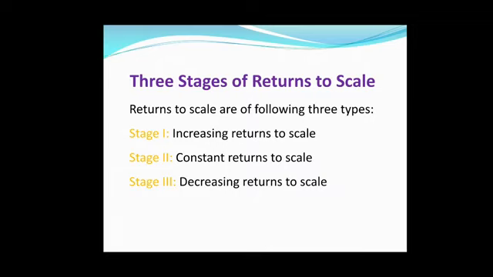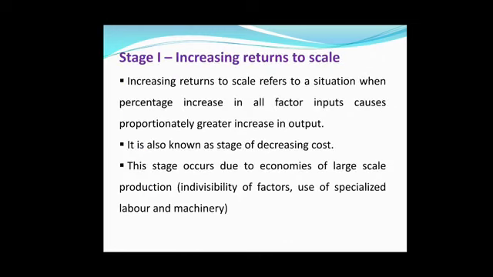Accordingly, there are three kinds of returns to scale, or we can say there are three stages of returns to scale. Stage first, increasing returns to scale. Stage second, constant returns to scale. And stage third, decreasing returns to scale. Now let us discuss these three stages one by one in much greater depth.